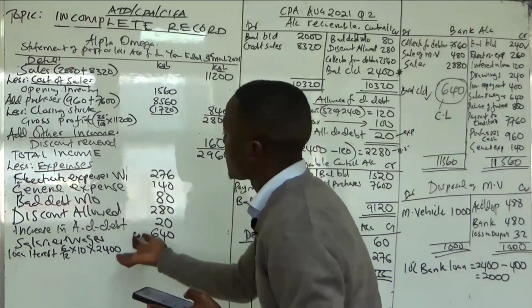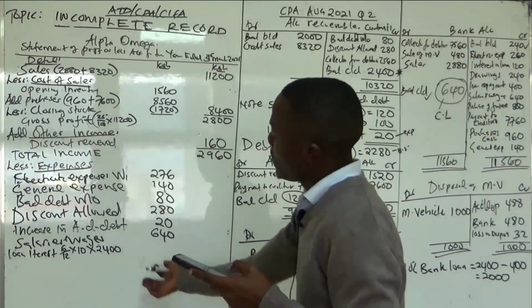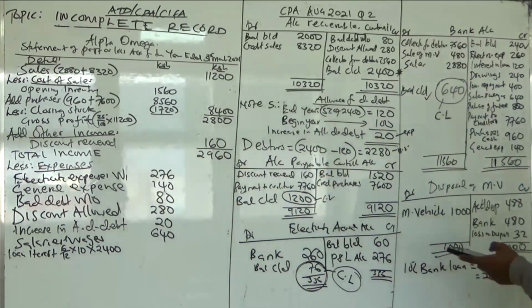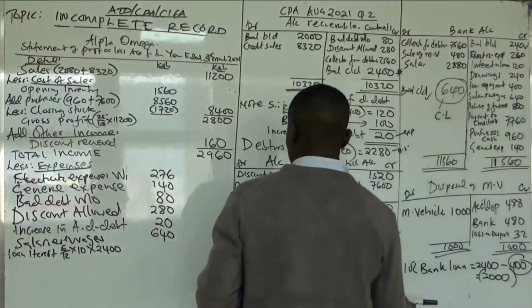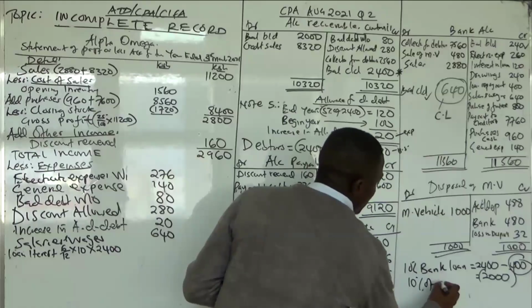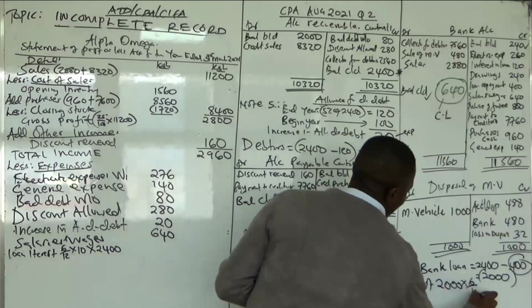We only calculated it, but we did not need to calculate because we were given the interest on loan 120. We only calculated it, but we must add back. The one they had not yet paid was 2000. They have already paid 400. So for the one not yet paid, we must also calculate 10%. 10% of 2000, but they pay an installment of 6 over 12. How much do you get?